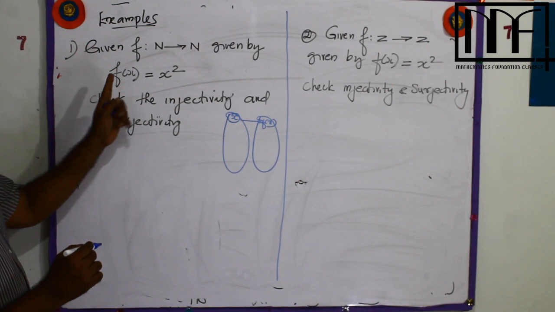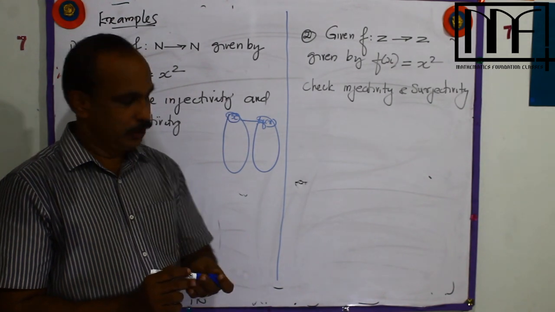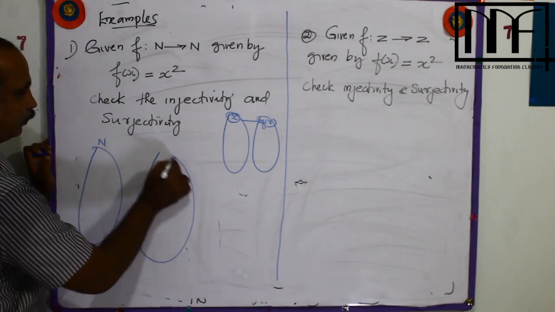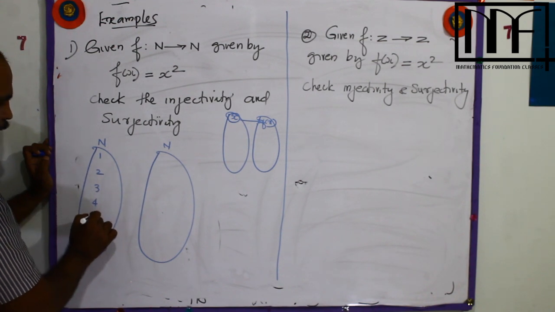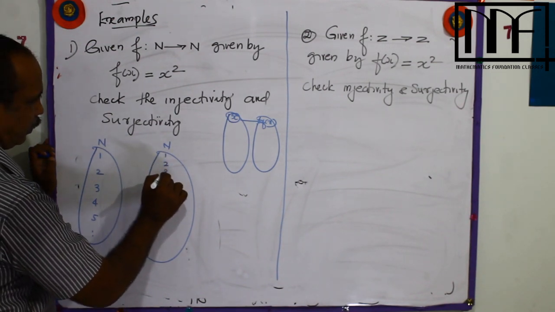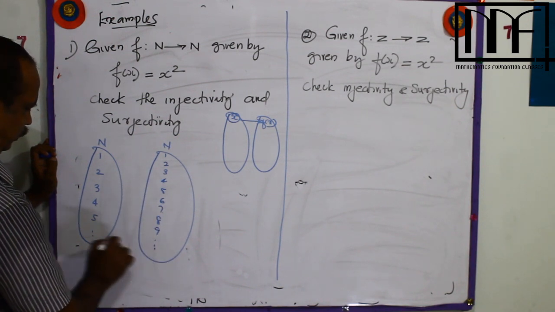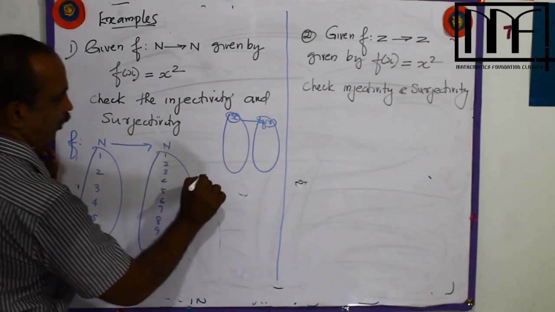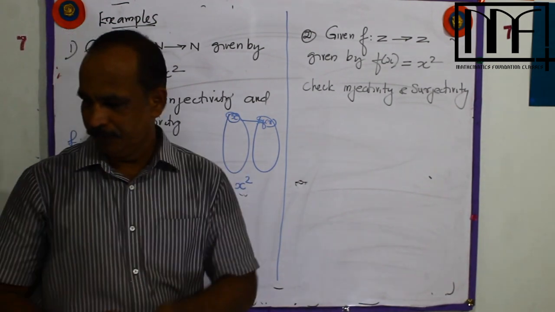The natural numbers have the elements 1, 2, 3, 4, and so on, infinite numbers. The function f from N to N is defined such that the image f(x) is equal to square of x.